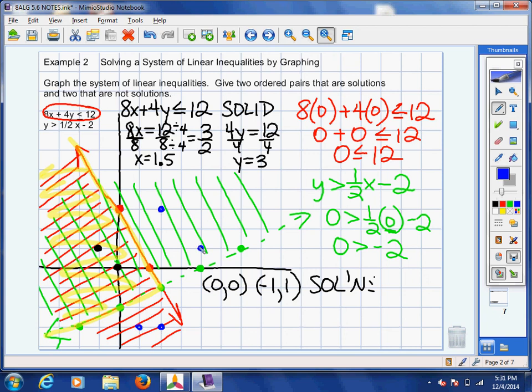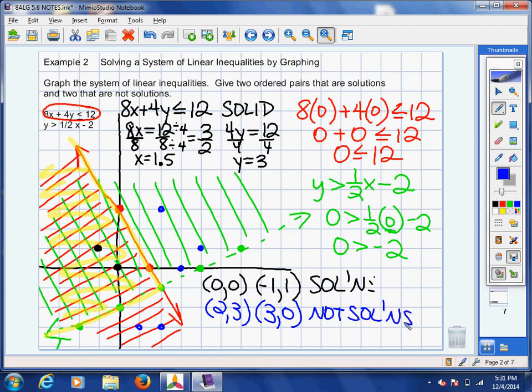So you have lots of opportunities, lots of choices to choose from. Neither is this right here on the x-axis. So pick anything. The first one I drew was 2, 3. I have an x-axis, 3, 0. So there's two that are not solutions right here.